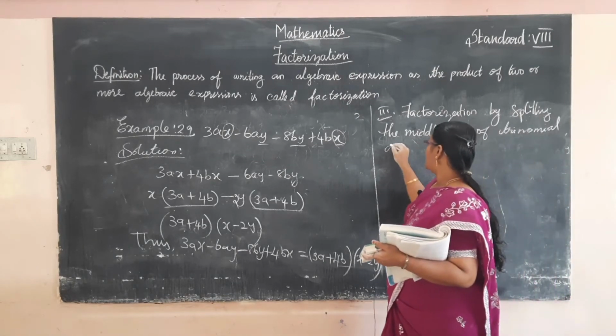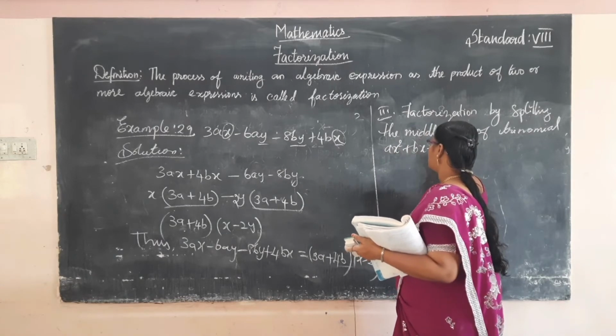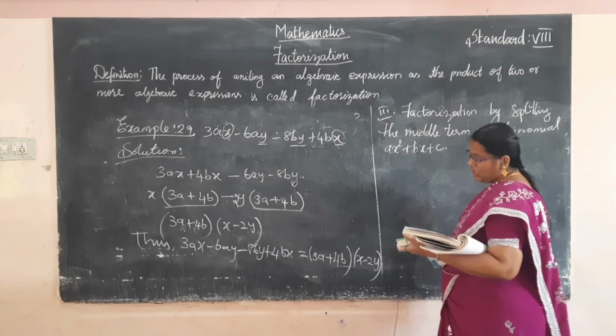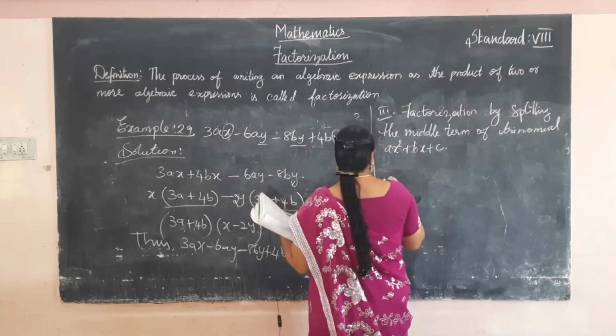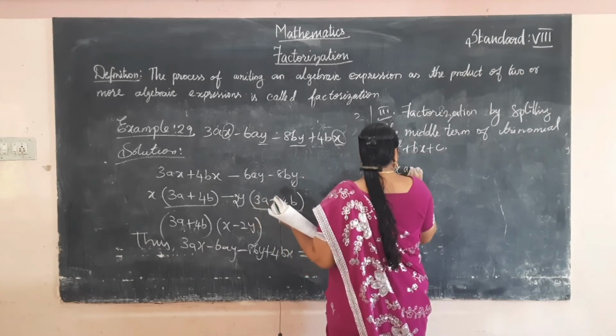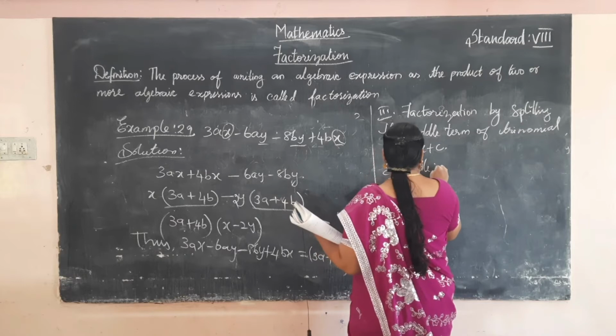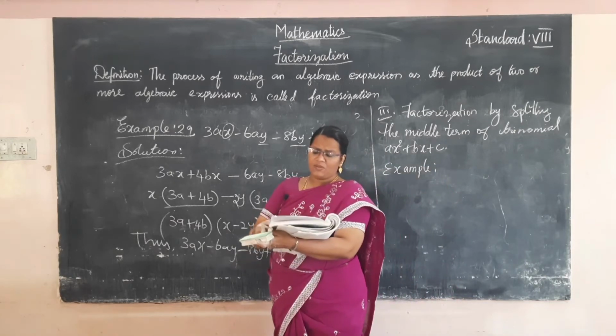The trinomial is ax² + bx + c. The first case. Okay, the first one of that example. In your book, it gives a very large explanation.